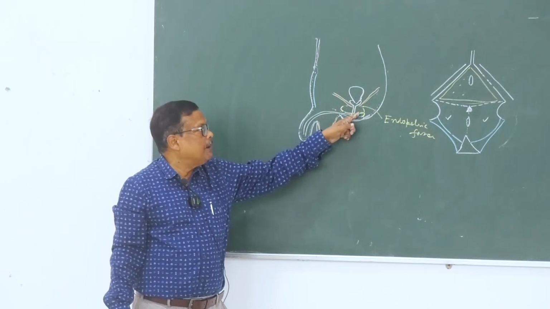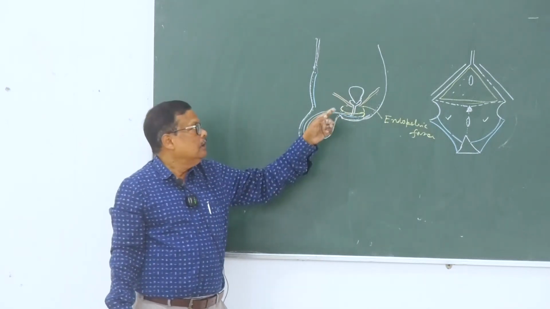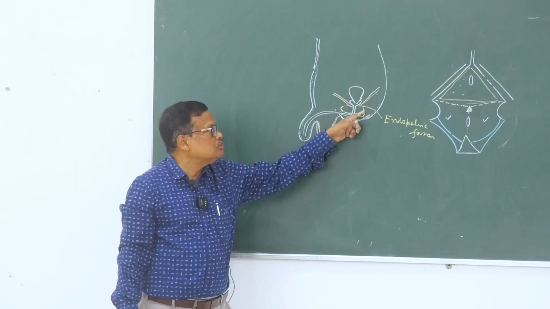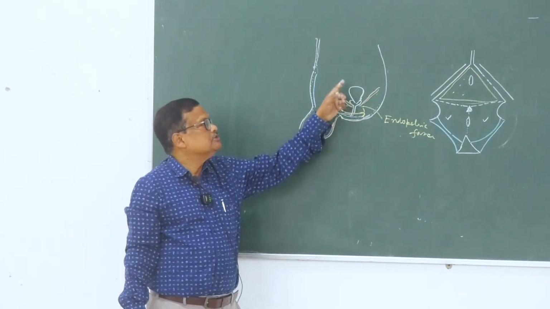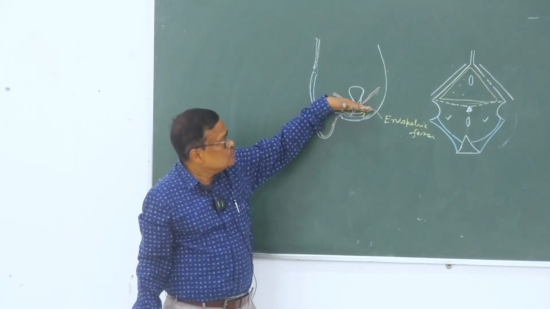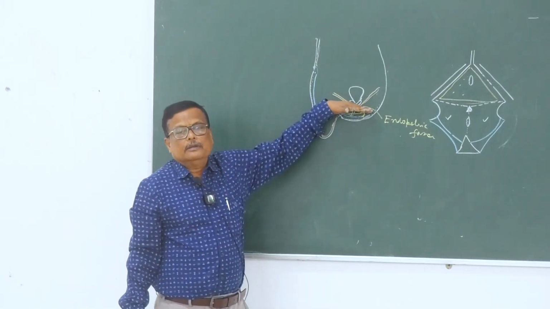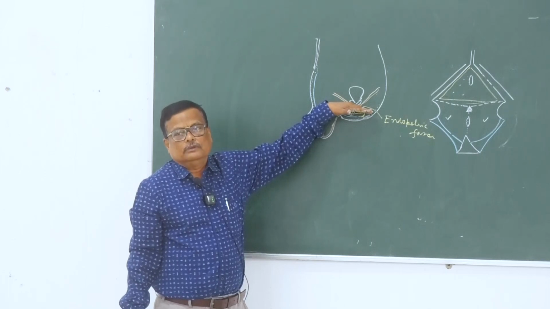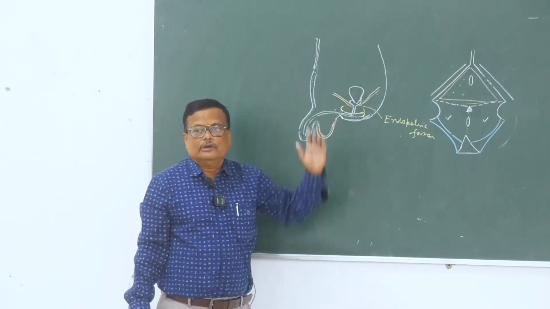A deep perineal pouch, in the recent view, is closed anteriorly, closed posteriorly, but above it is open. But in the previous view, it was a definite fossa, so all layers, this space is totally closed. But the recent view says it is open anteriorly.